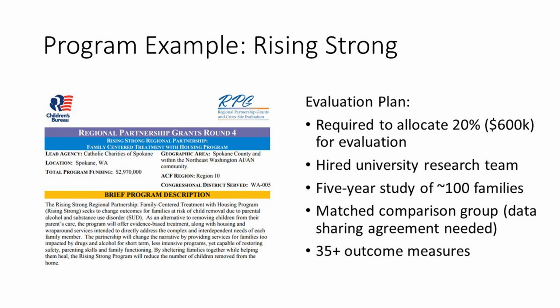We hired a university research team, and we're now midway through a 5-year study of 100 families. It also required us to have a matched comparison group, meaning we needed to get a data sharing agreement with the Child Welfare Department, which I'm sure you can appreciate is not an easy thing. And the study itself has 35 or more outcome measures being looked at. So it's a fairly complex undertaking.